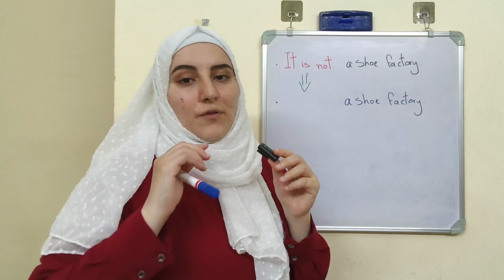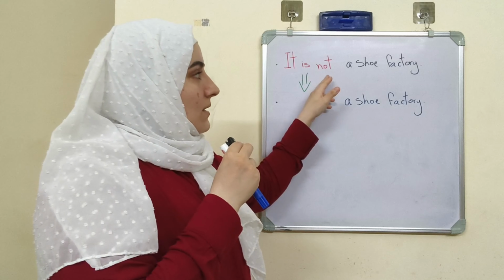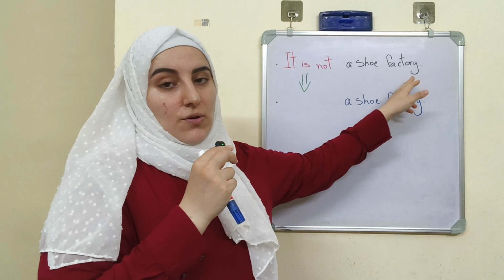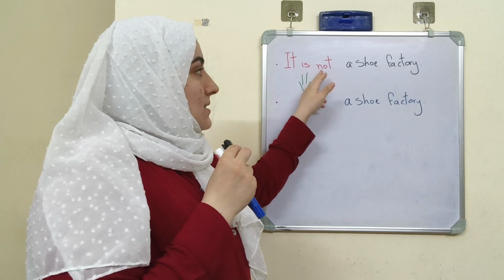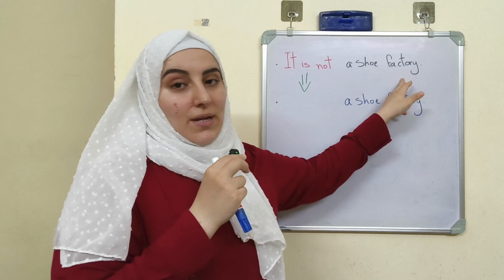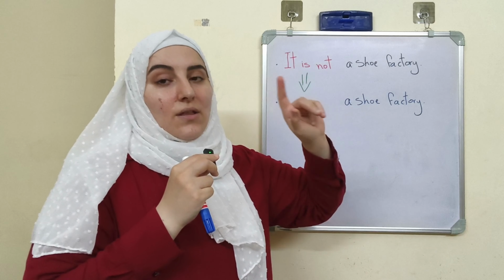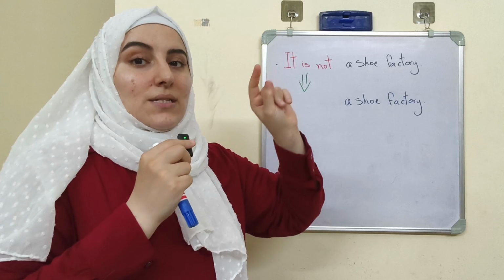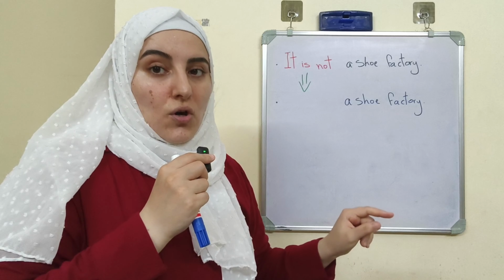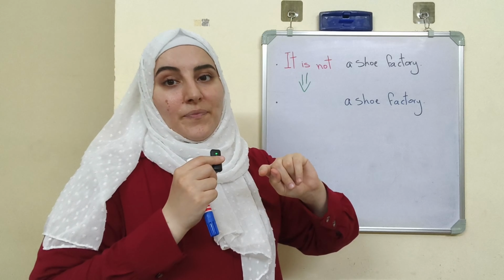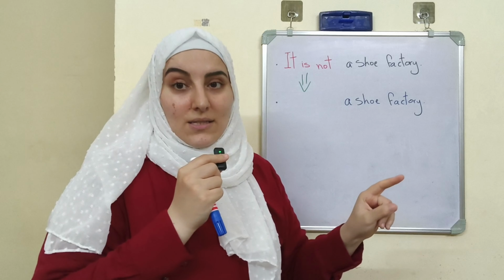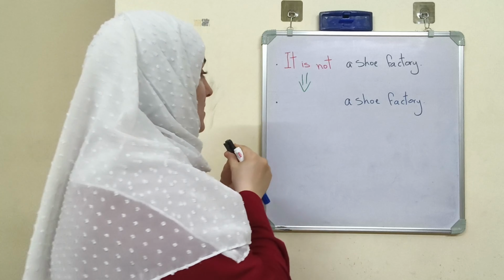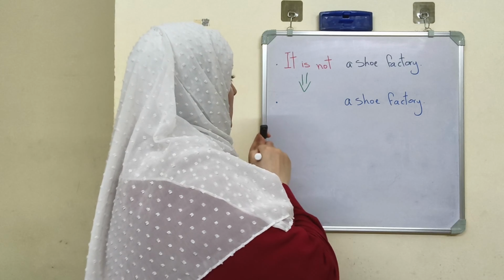The last example for this part. It is not a shoe factory. So we can either say it isn't, or we can say it's not. The same way as we learned earlier.